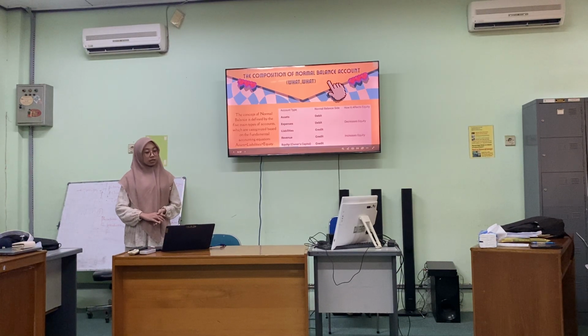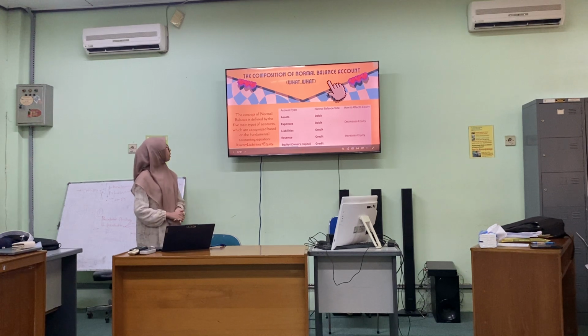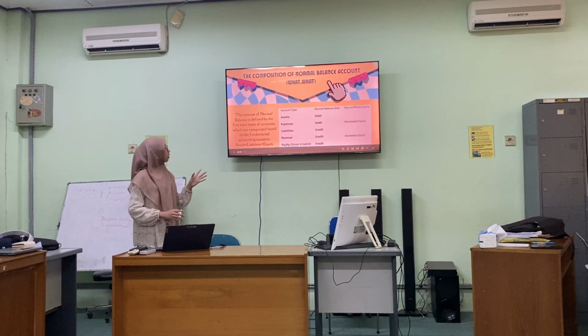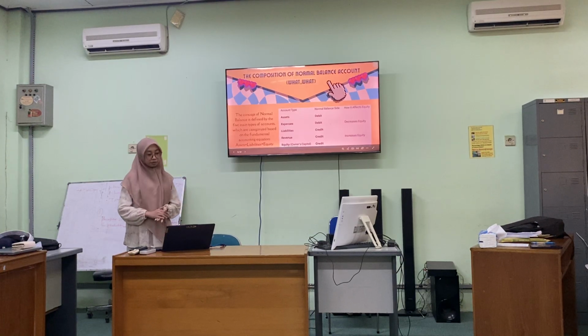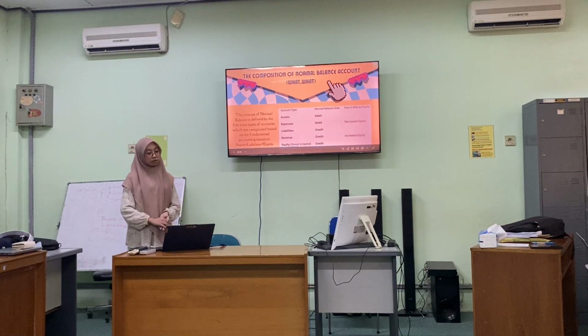So, as you can see, the composition of a normal balance account is: asset, normal balance side is debit, and also for expense in debit, and then for liabilities, revenue, and equity, the normal balance side is credit.